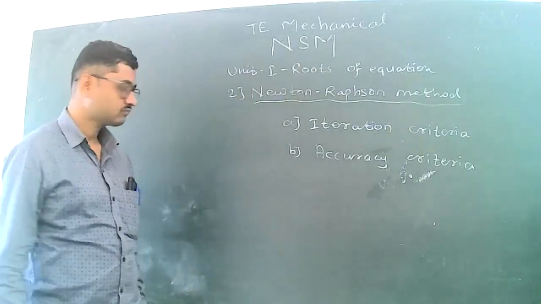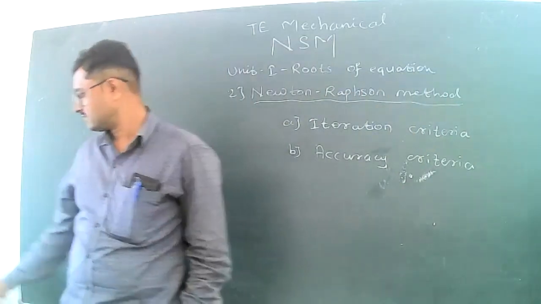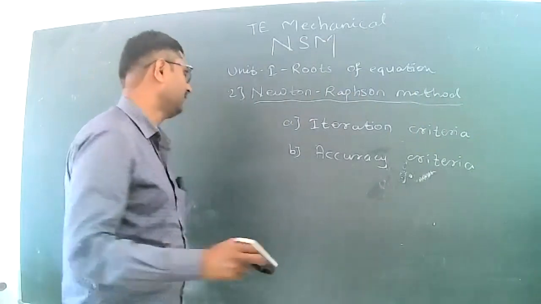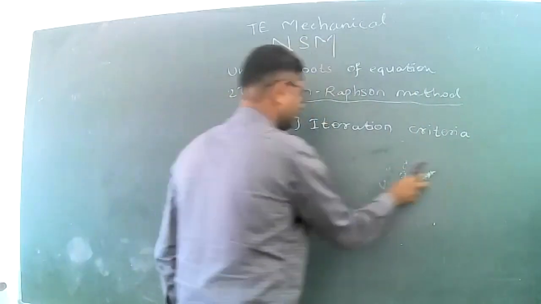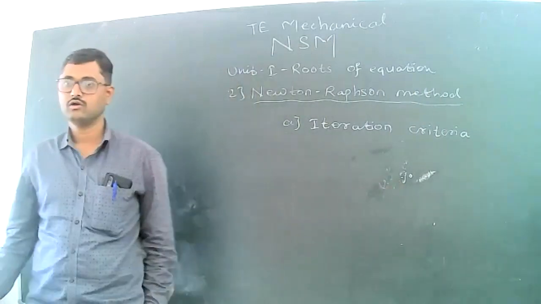Today we discuss iteration criteria, that is the Newton-Raphson method, and we take one example numerical.